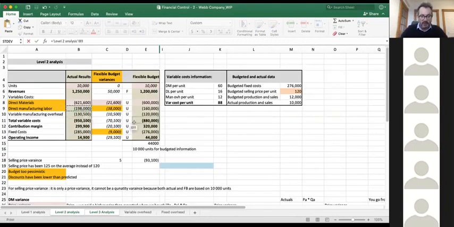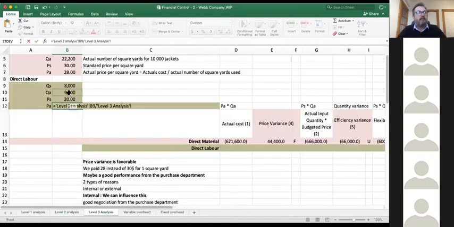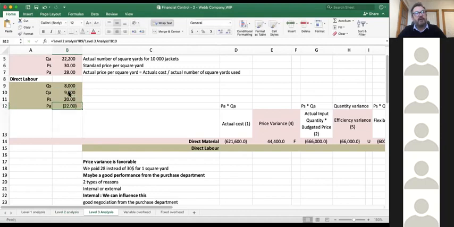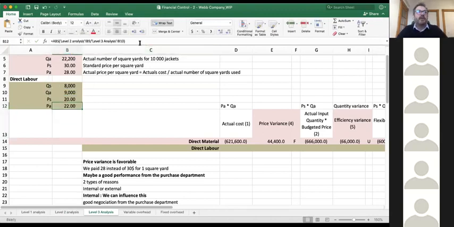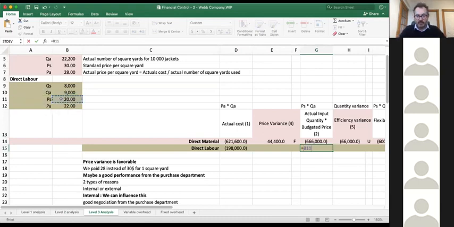So total amount has been 198 divided by the actual number of hours. So let's put it in absolute value here. It's cleaner, 22, okay? So for the direct labor actual cost, it's QA times PA. For the intermediary, we got PS times QA, and that should be minus.